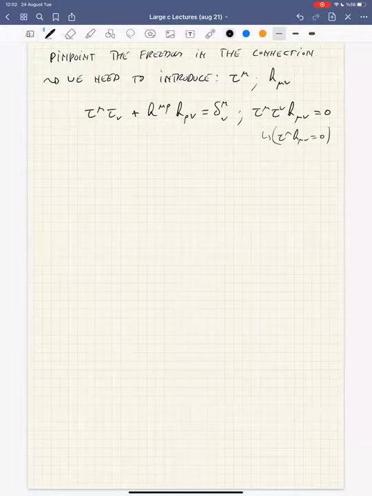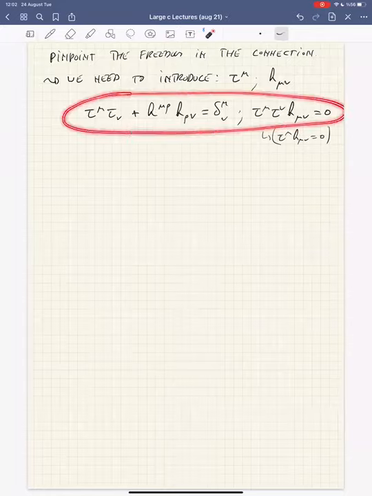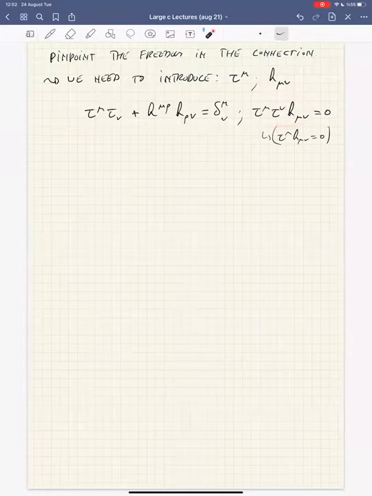So they're also orthogonal in that sense. So you could take these equations as the definition of these objects with the upper and lower indices. These are the defining equations, if you like, of these new objects.